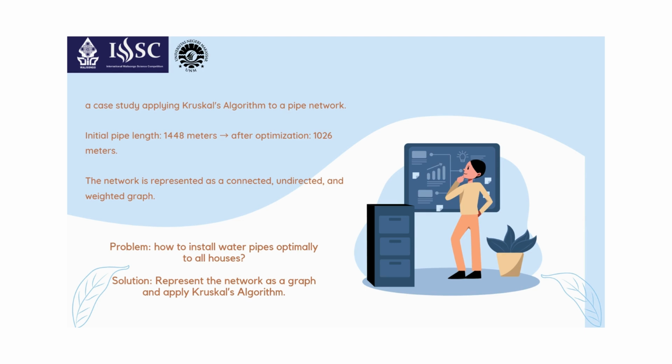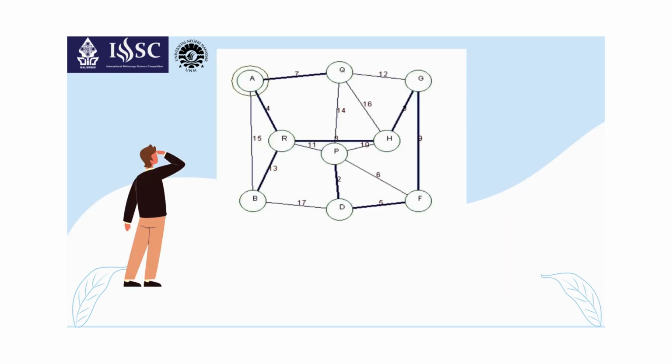Previously, we will show in more detail the use of the classical algorithm in solving minimum spanning tree problems in the following example. Given a graph G as shown, form its minimum spanning tree using the classical algorithm. Based on the figure, the minimum spanning tree can be completed in several stages, as follows.